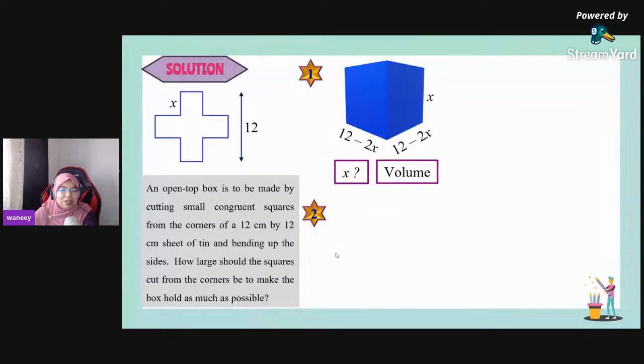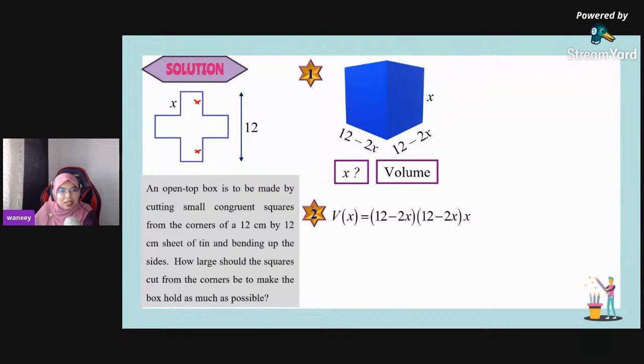Okay, so now for the second step, we're going to take out the formula for the volume. Length, width, height. The length will be 12 minus 2x, because we cut x over here and x over there.